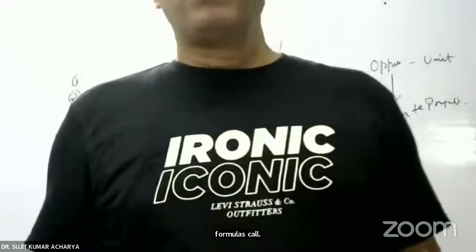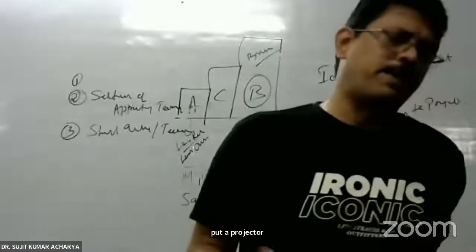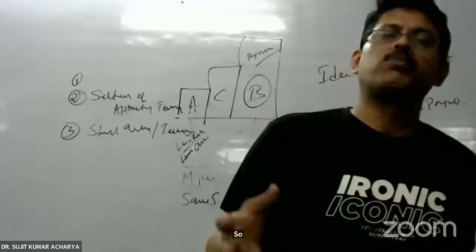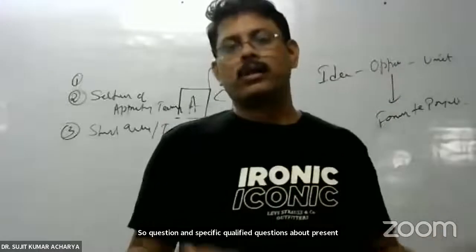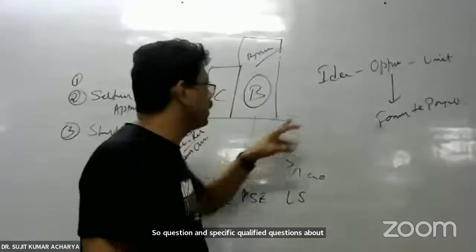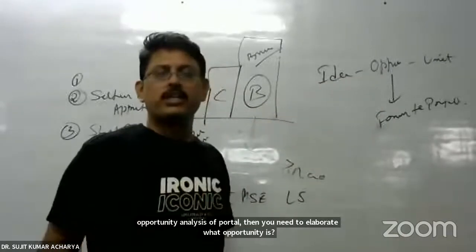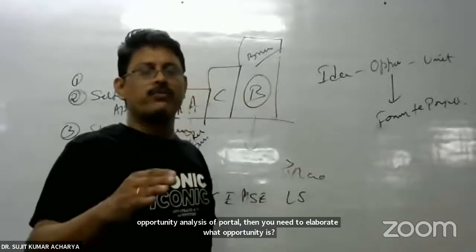Which part should be there in a whole project? So you can get a specific question like this, a big question on project formulation. If you study systematically opportunity analysis, then you need to elaborate what opportunity analysis is, why the project is to be formulated, that you need to define why.